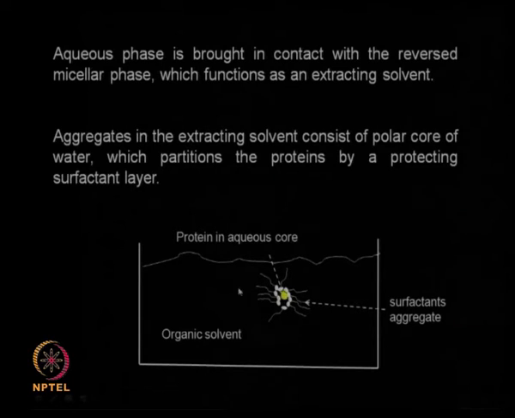So inside you may have a core which is aqueous, so the protein can be kept inside. So you are protecting your protein. You can have many surfactant aggregates like that present inside the organic solvent, and each surfactant aggregate will have the required protein. So all you need to do is remove the aggregate from the solvent and then make the surfactant leach out the desired protein. So this is how you recover proteins.